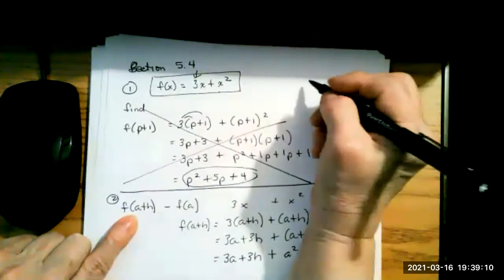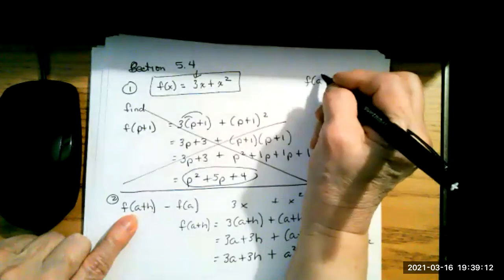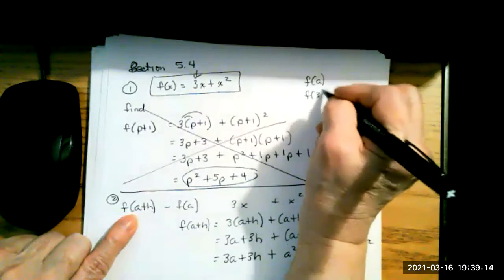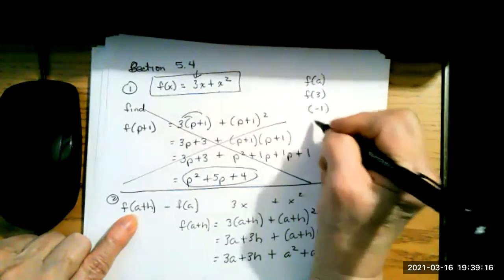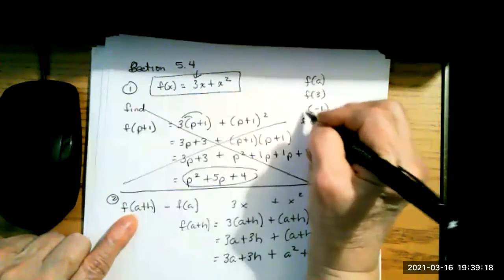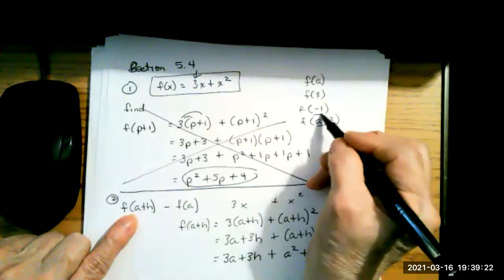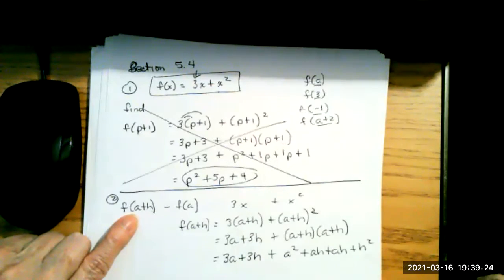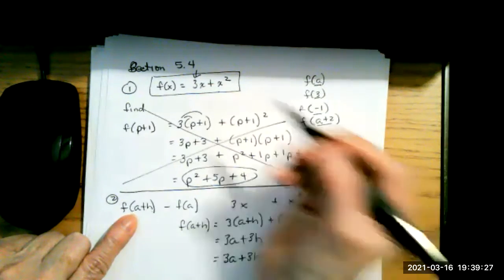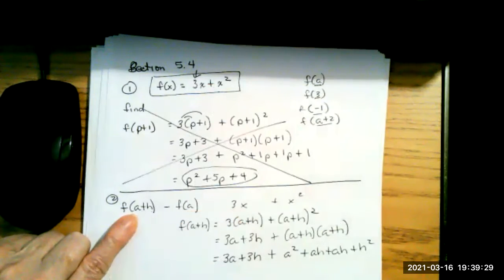It's kind of like those where we found f of a, f of 3, f of -1, f of a plus 2. Those kind of problems where we put whatever's in here in the place of the x in our function. That's what we're doing, except these are added, so it makes it a little more difficult.